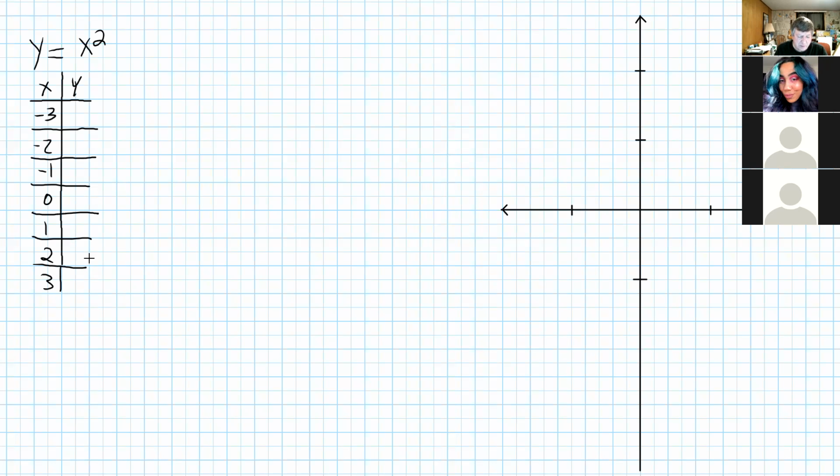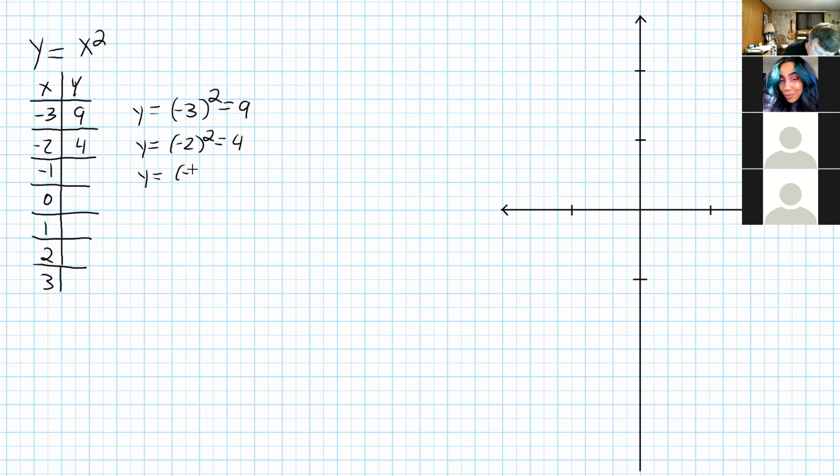So now if y equals x squared, if x is -3, we'd have y equals -3, the quantity squared, which would be +9. Everybody okay with that? If x is -2, we'd have y equals -2, the quantity squared, which is +4.